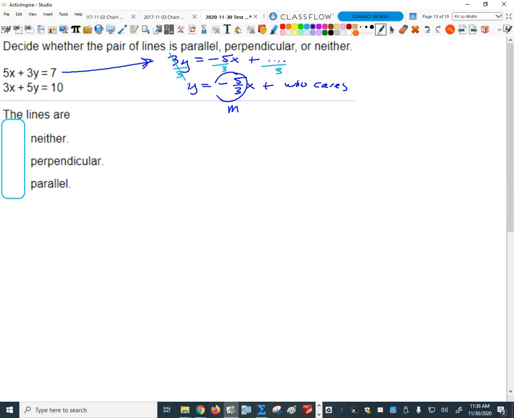Okay. Emily, same thing for, we'll call this the red line. What do I have to do to get the y by itself? You would subtract 3x and divide both sides by 5. Okay, good. So we're going to get 5y equals -3x plus 10.